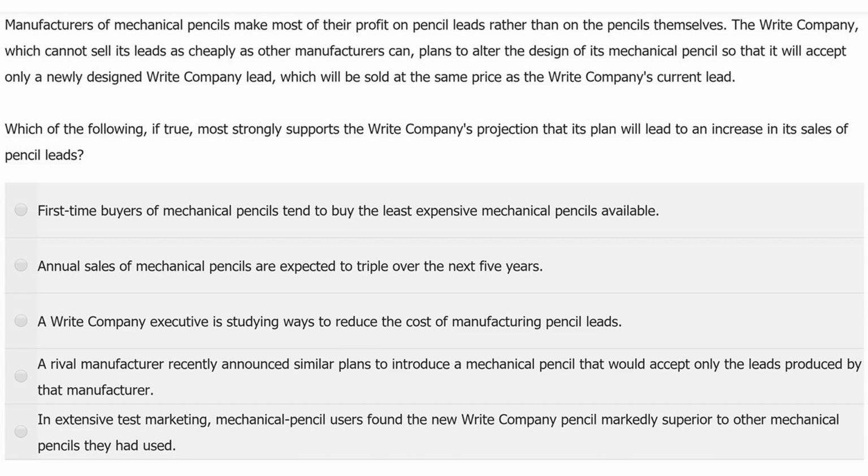So they're going to design their own mechanical pencil that only accepts their lead. And their opinion is that this will lead to an increase in its sales of pencil leads. Can you think of a weakness in that conclusion?